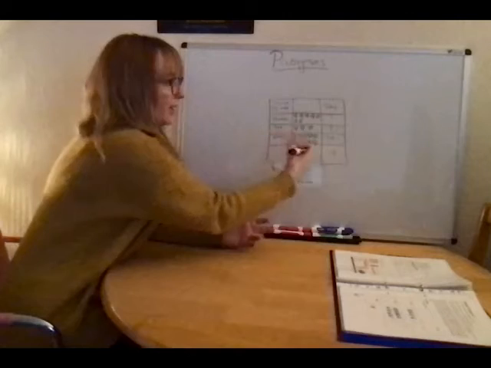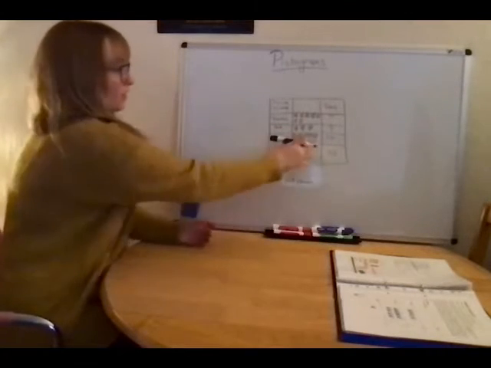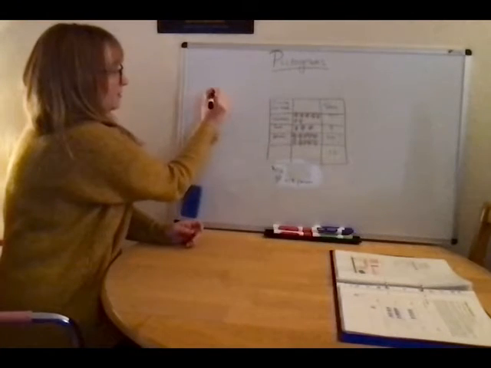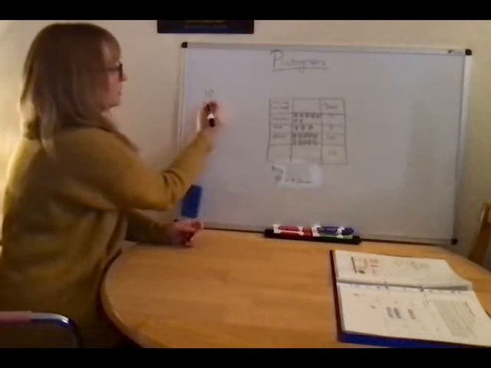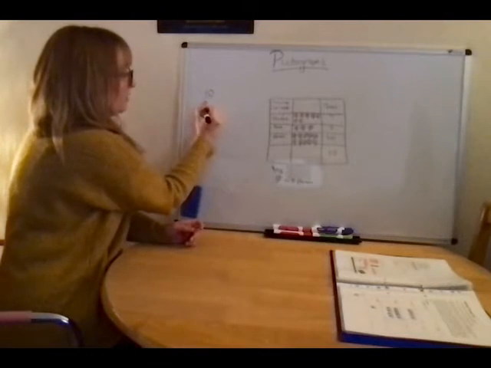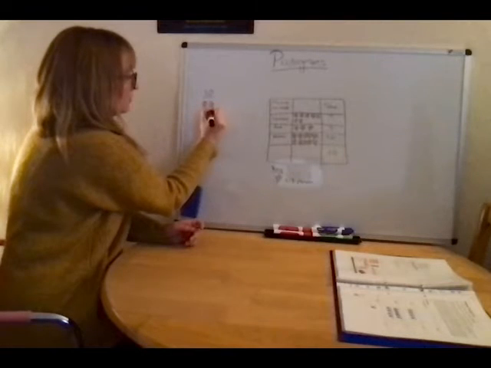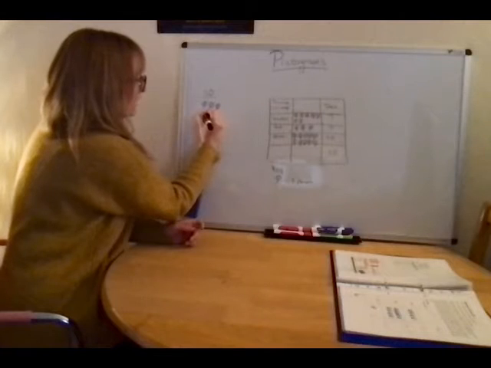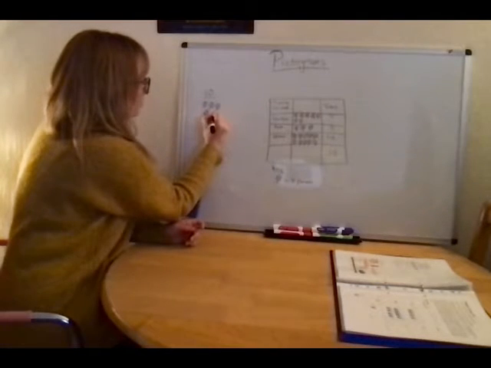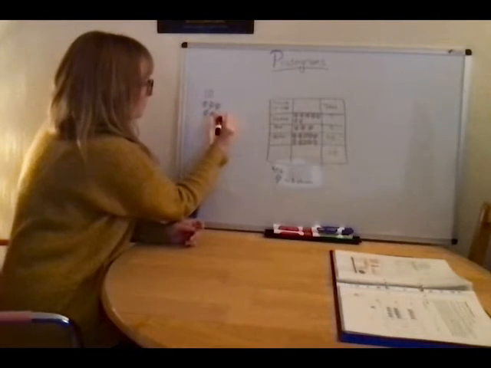Or you might be given the total. So for example, if I've got 10, I would be asking you to draw 10 flowers, because I know one flower equals one person.